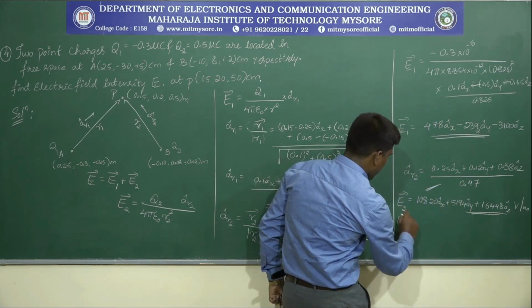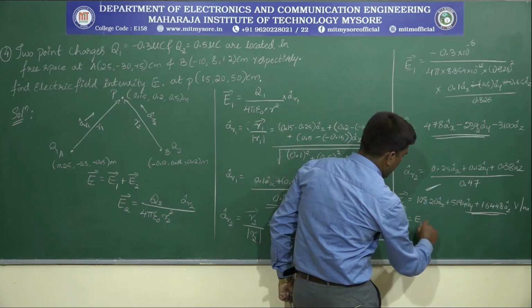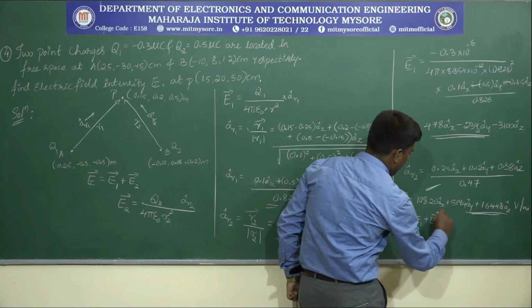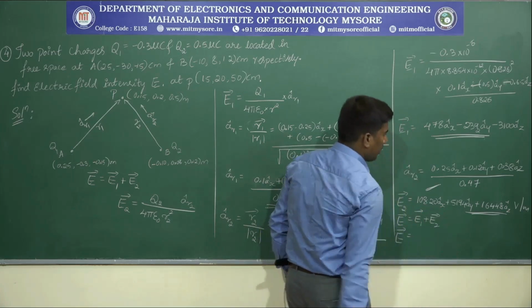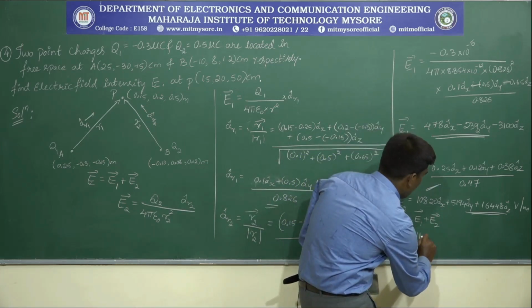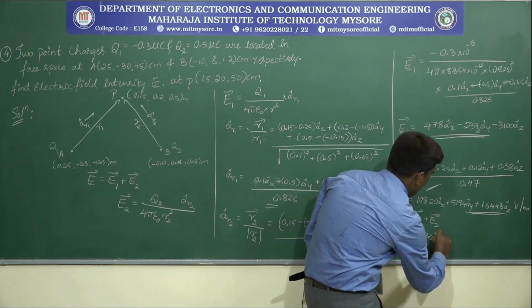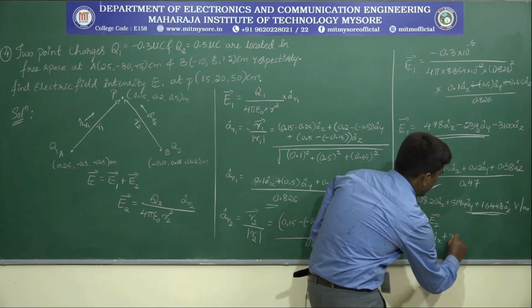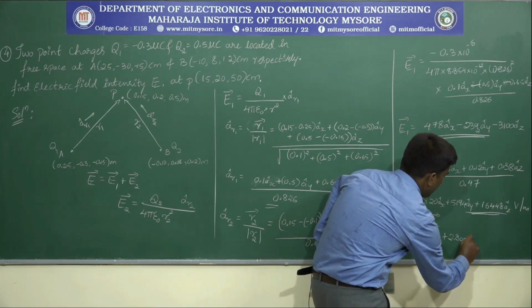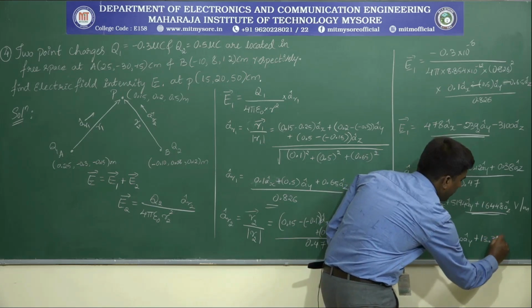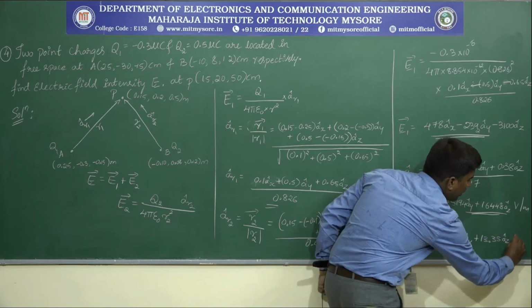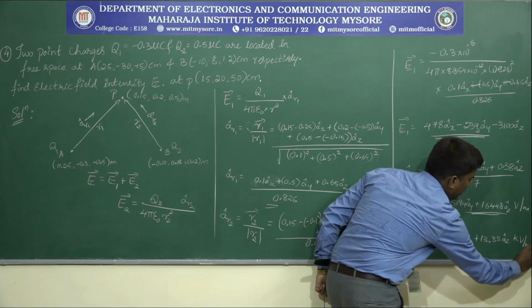Therefore, the total electric field intensity E is equal to E1 plus E2. Total electric field intensity E is equal to 11.30 A cap x plus 2.80 A cap y plus 13.35 A cap z kilovolt per meter.